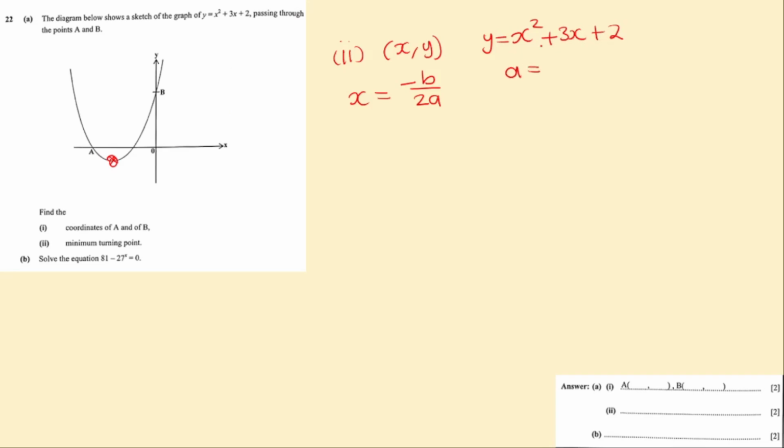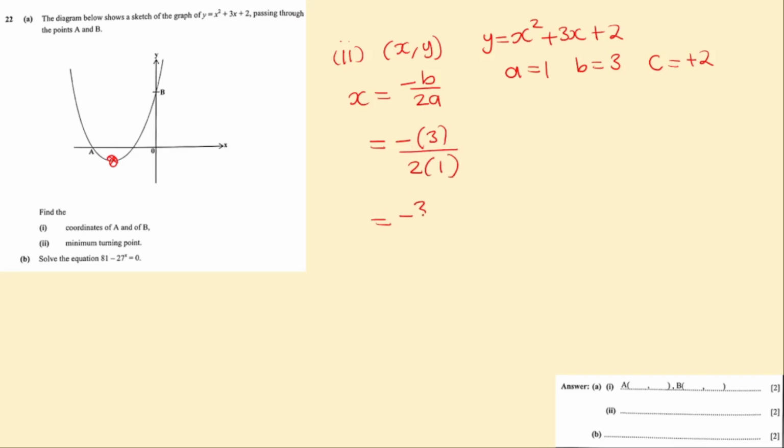In this quadratic expression, the coefficient of x squared is 1, the coefficient of x is +3, and c is +2. So I'm going to substitute the relevant values, which are b and a, in this formula. So we say -b, b will be substituted with 3, and a will be substituted with 1.